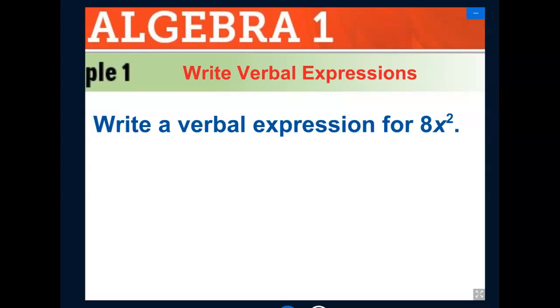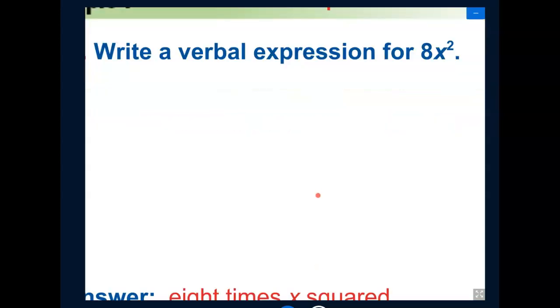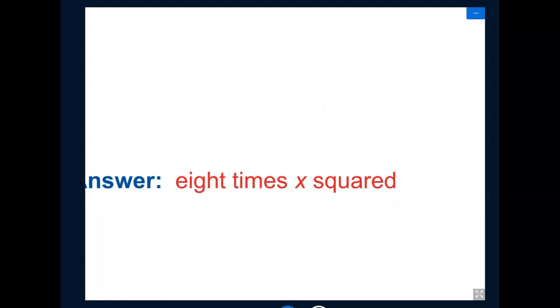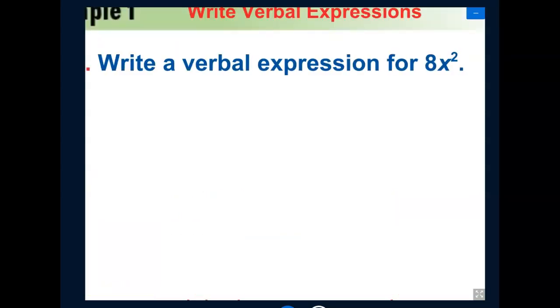So the verbal expression, or putting that into words, is writing 8 times, because these two are being multiplied together, x squared. So you're taking what's basically a problem and you're writing it down in word form. Pretty easy, right?